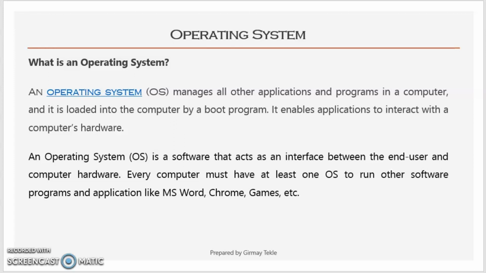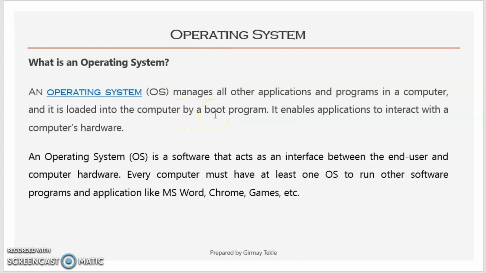What is an operating system? As we know, an operating system manages all other applications and programs in the computer, and it is loaded into the computer by boot programs.